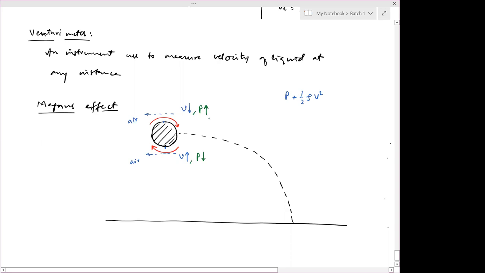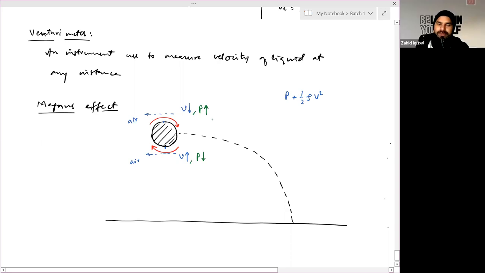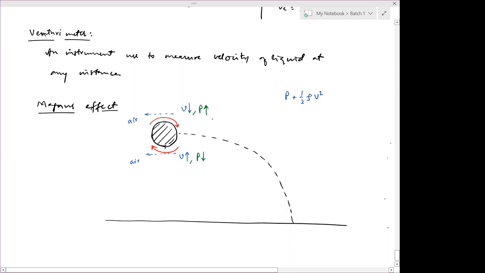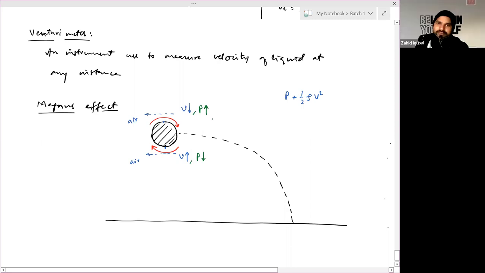Now, which side do we have higher pressure, upper side or lower side? Upper side. So matter will tend to move from higher pressure to lower pressure. So will there be any deflection of this ball from its actual trajectory towards downward direction or not? You will say yes, due to this pressure difference.